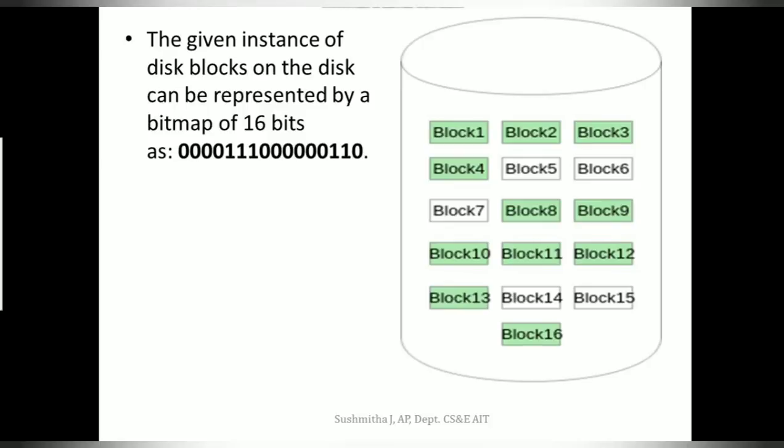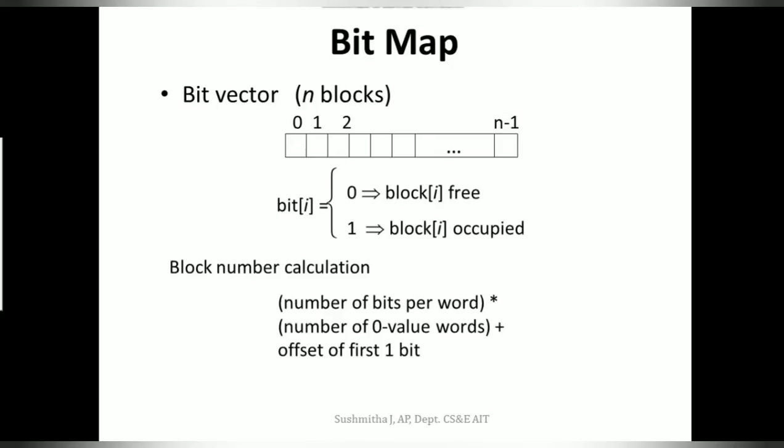If I find a 0, it indicates that it is free. So by just scanning these bits, I am able to identify which blocks are available. Now, calculating the block number: this is the formula that is used to calculate the block number.